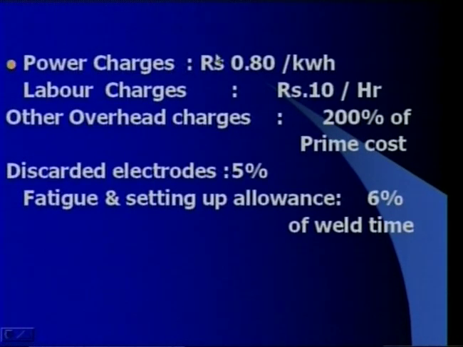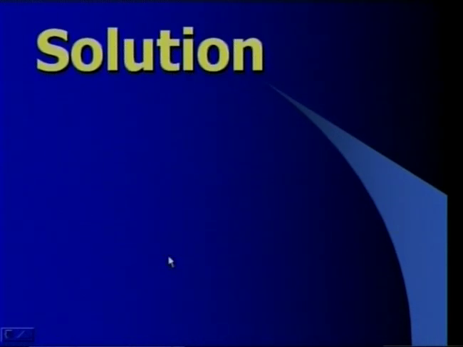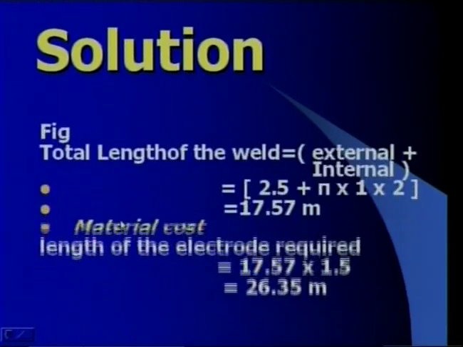Power charges are 0.8 rupees per kilowatt hour and labor charges 10 rupees per hour, and other overhead charges are 200% of the prime cost. Next, discarded electrode is 5%, and fatigue and setting up allowances are 6% of the welding time. The same thing you will see in the solution.